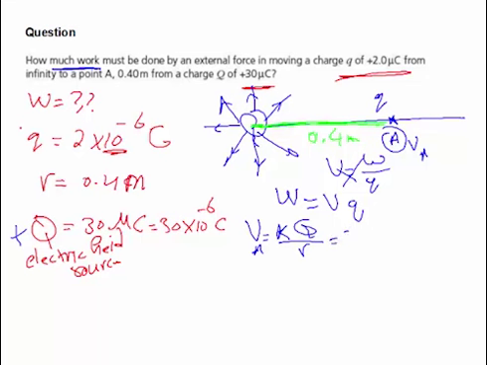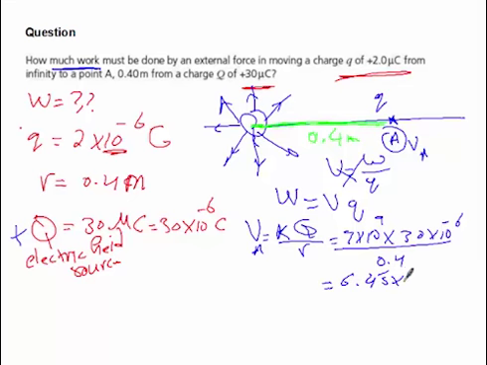So we have here 9 times 10 to the 9, the value of the constant, times this Q, 30 times 10 to the minus 6, and we have here R, not R square, 0.4, and this will give us 6.45 times 10 to the 5 volt.